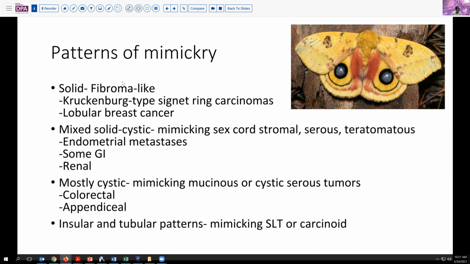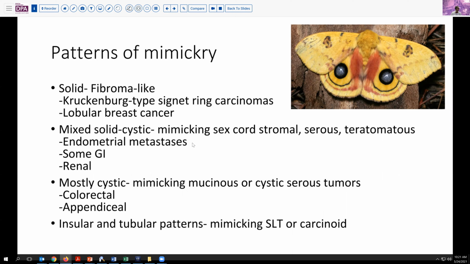I've divided these into four different patterns. One is the solid fibroma-like pattern, which is characteristic of certainly the Krukenberg type tumors and lobular breast cancer. The mixed solid and cystic pattern, which can mimic either sex-cord stromal, high-grade serous, or even teratomatous lesions.